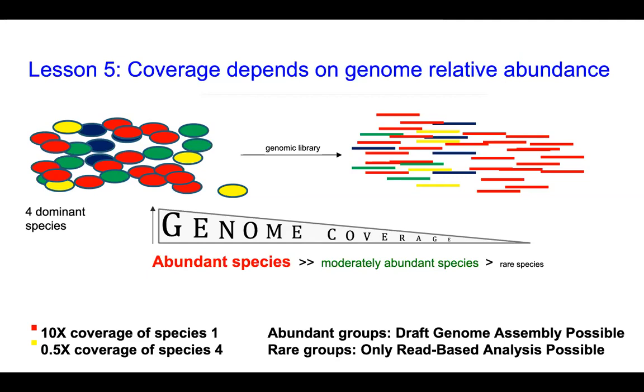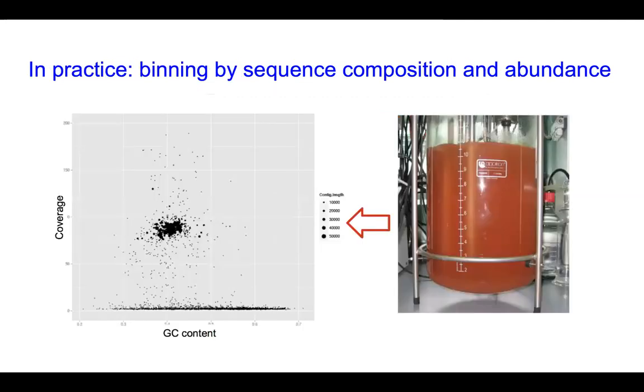But to an extent, the abundant species in your sample will be abundantly present in your DNA, and therefore will have a higher coverage. So if you have multiple samples, you can then use the coverage pattern, the abundance pattern across samples to try and see which contigs group together over multiple samples. This is called differential coverage or differential abundance binning.